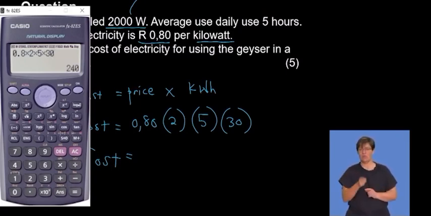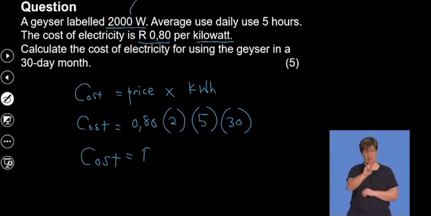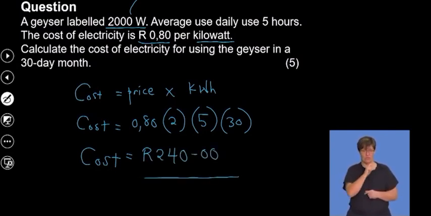So this is actually 240. This value is in rands. So the cost for using it is 240 rands per month. That's the cost of using the geyser for that period of 30 days.